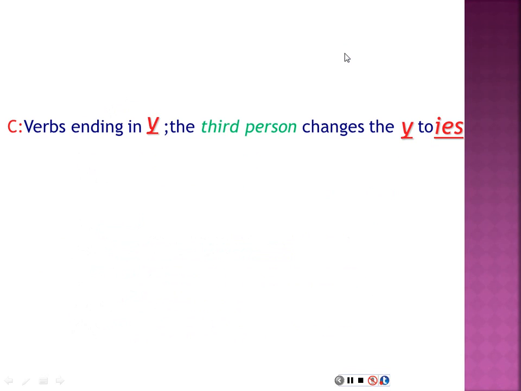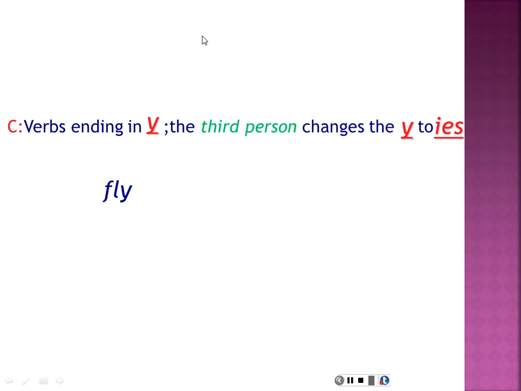In this slide, verbs ending in Y. Now we will discuss the verbs that end in Y, الأفعال التي تنتهي بحرف Y ويكون عندنا في الجملة شخص غائب. The third person changes, and we change the Y to IES. So let's have the examples.